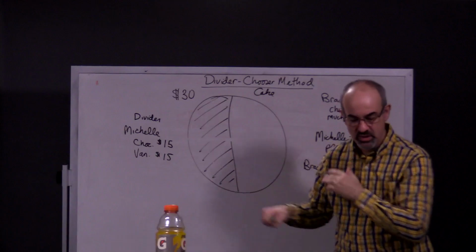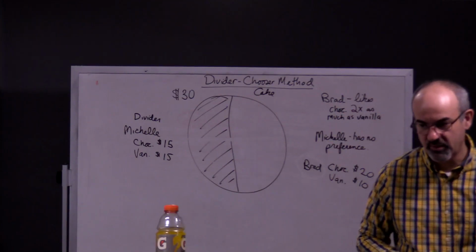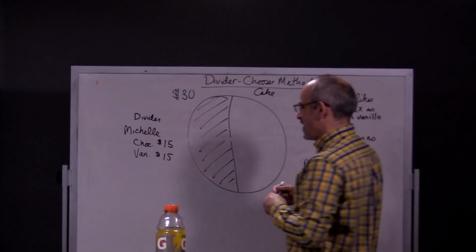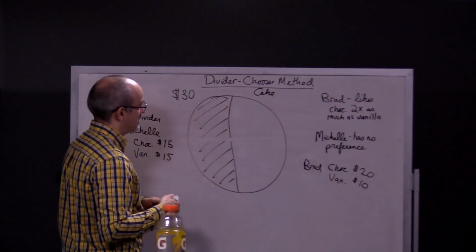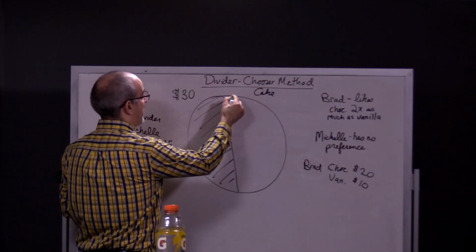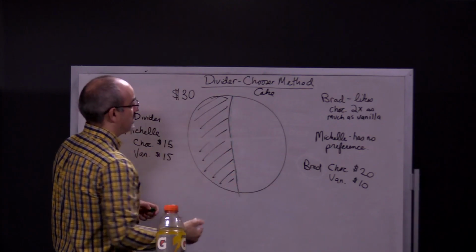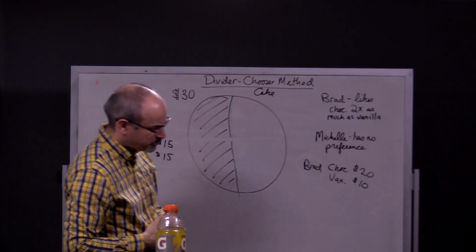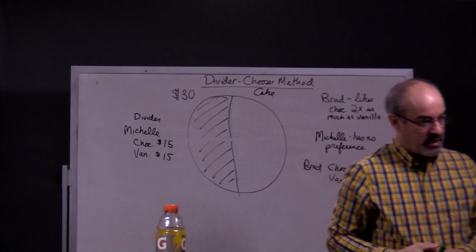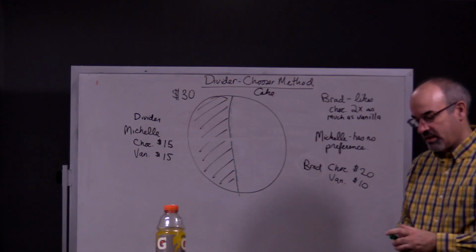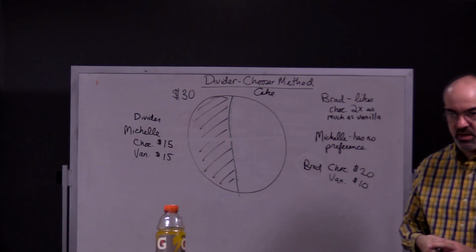That way she gets some chocolate and some vanilla. But let's say she doesn't do it that way. Let's say she just divides it like this, because she doesn't care. Vanilla and chocolate are the same to her as far as value.